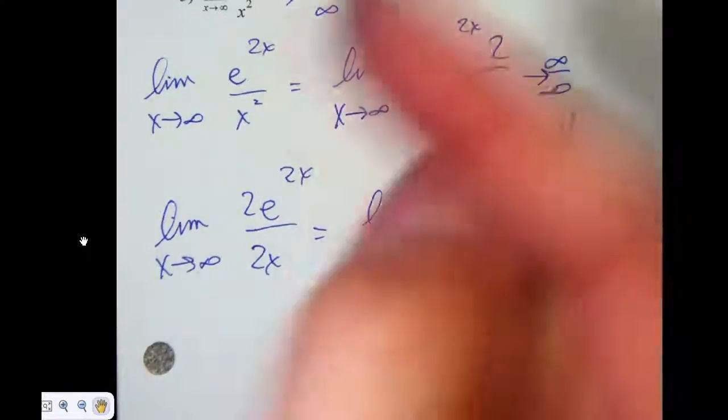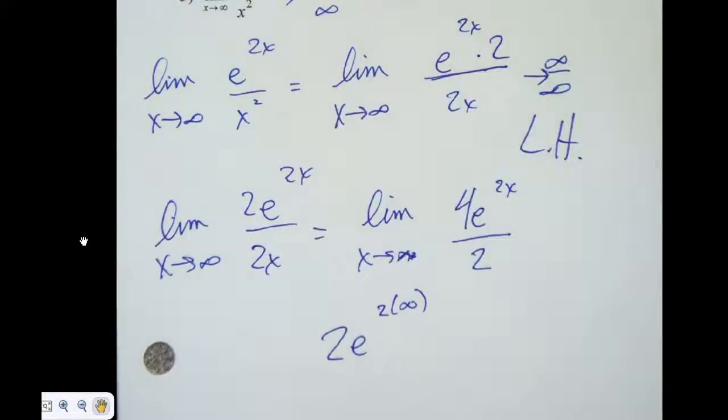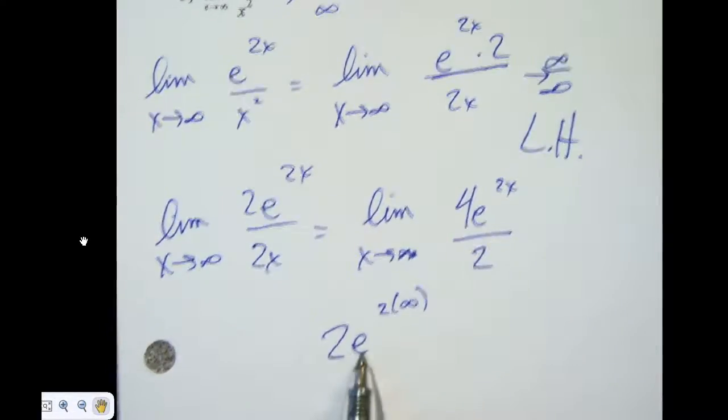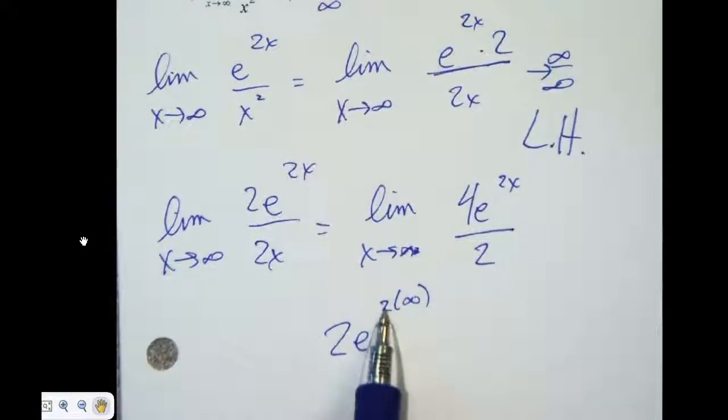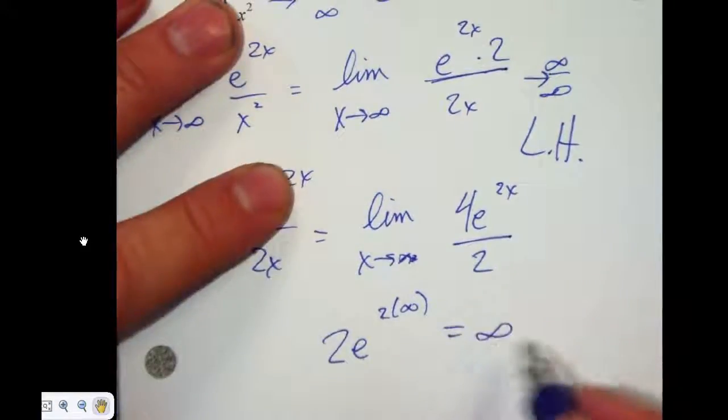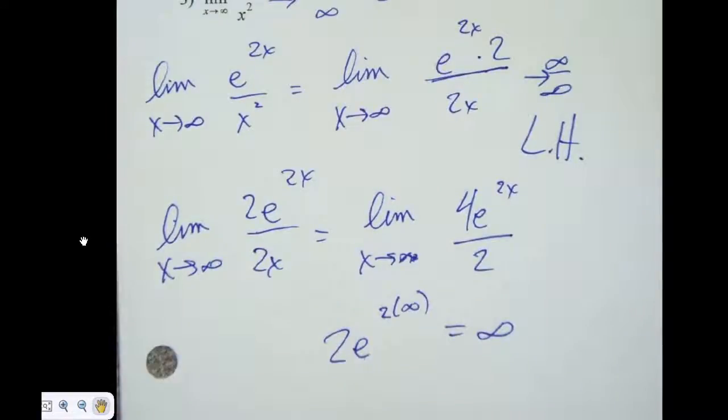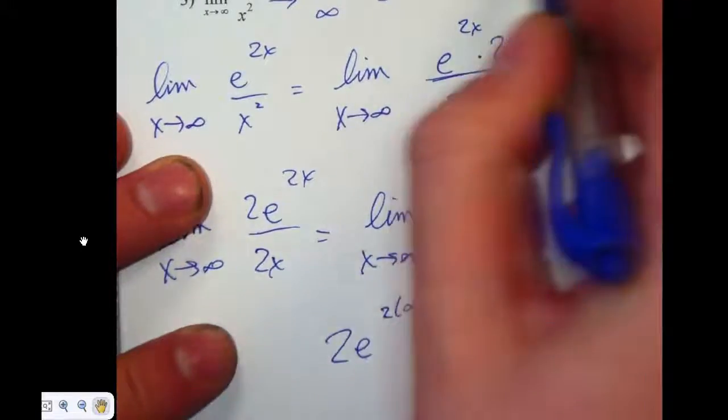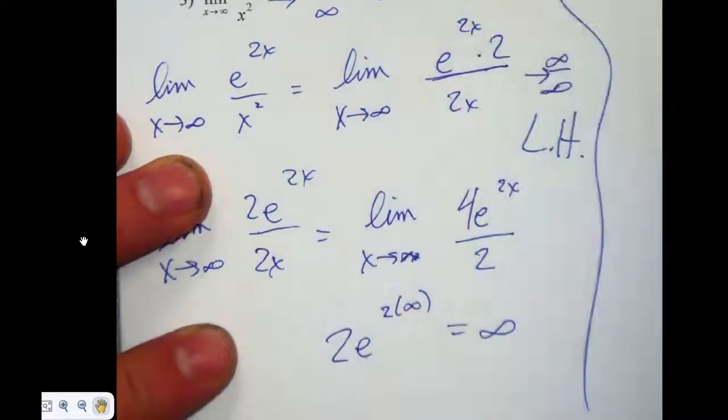If the highest power is on top, it's either going to be positive or negative infinity. You just got to work through and see what it is. So if I take e to a gigantic positive power, what do I get? I get a gigantic positive number, which is infinity. So that's what we had to do twice.